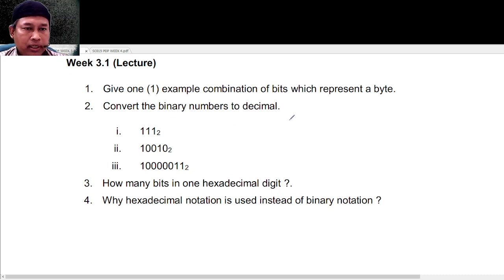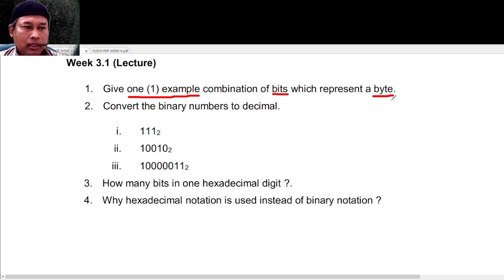combination of bits which represent a data. So give one example combination of bits which represent a byte. You must remember one byte is 8 bits.